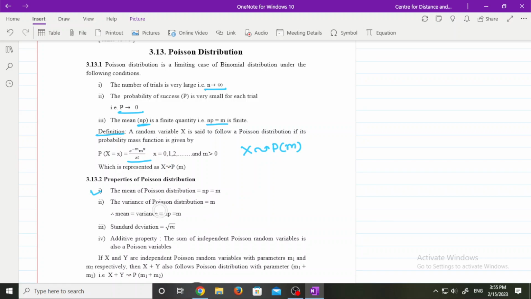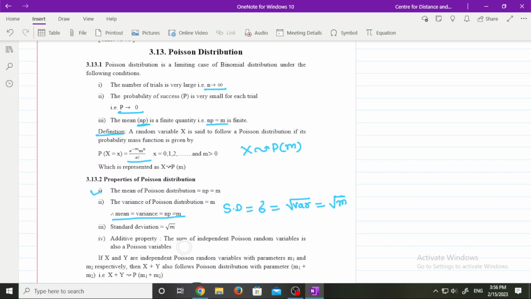Then the standard deviation, S.D., which is sigma, is the square root of variance, and here variance is m. So we get standard deviation as the square root of m.